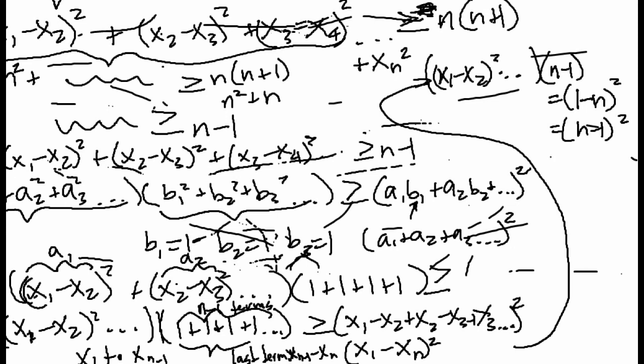So if you divide both sides by n minus 1, you get x1 minus x2 squared plus x2 minus x3 squared all the way to xn minus 1 minus xn squared is going to be greater than or equal to n minus 1.